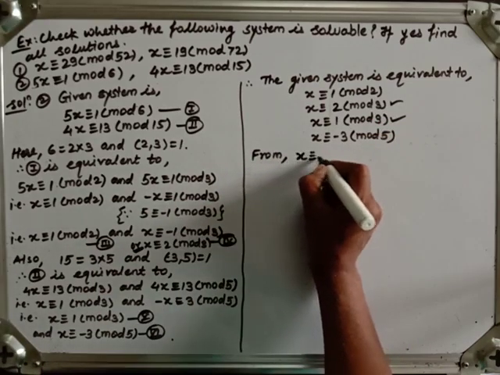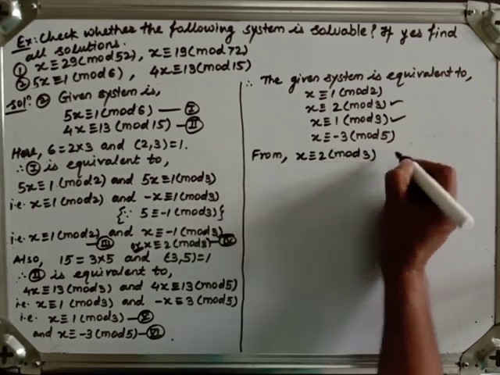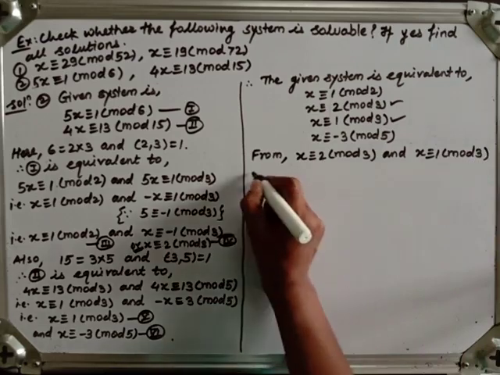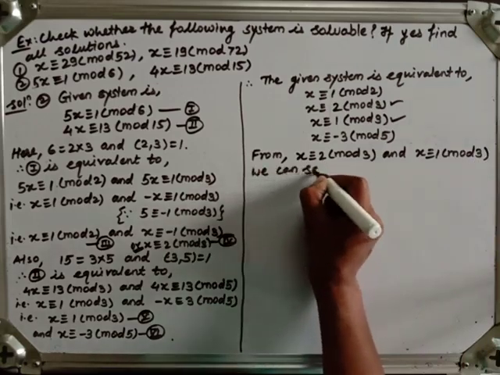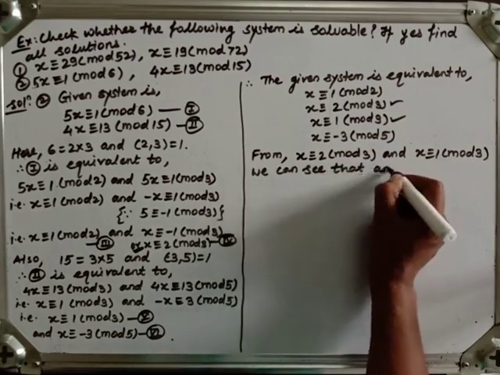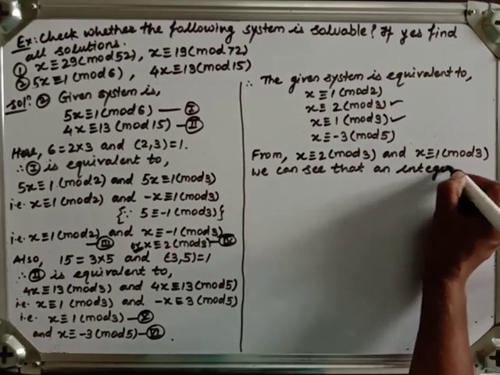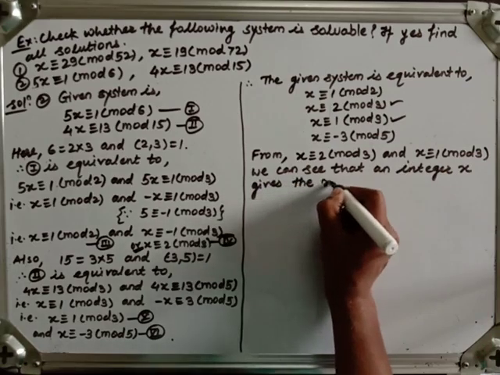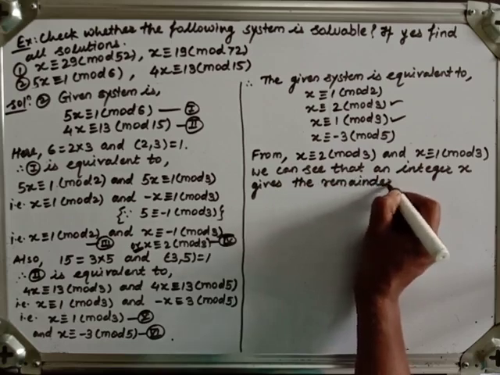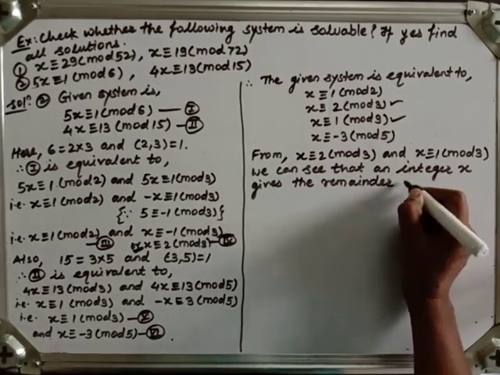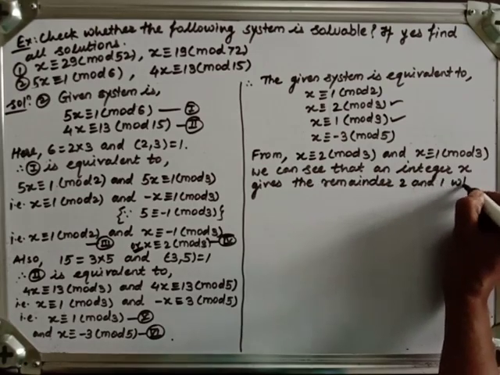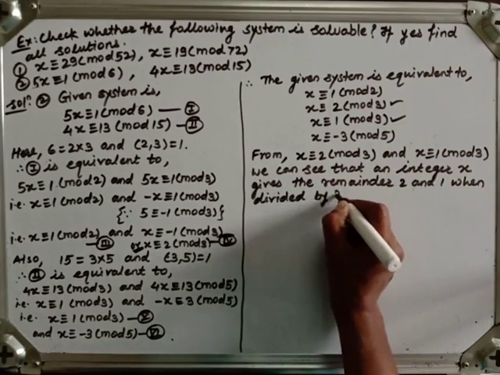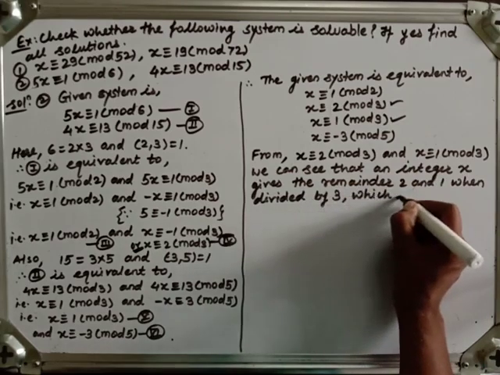So from x congruent to 2 modulo 3 and x congruent to 1 modulo 3, we can see that an integer x gives the remainder 2 and 1 when divided by 3, which is impossible.